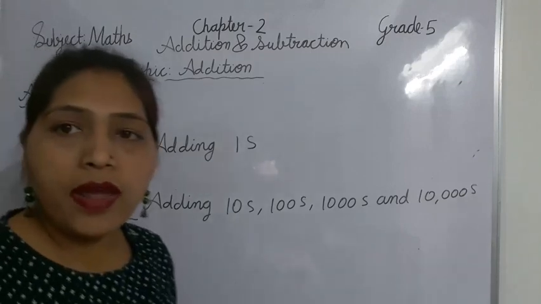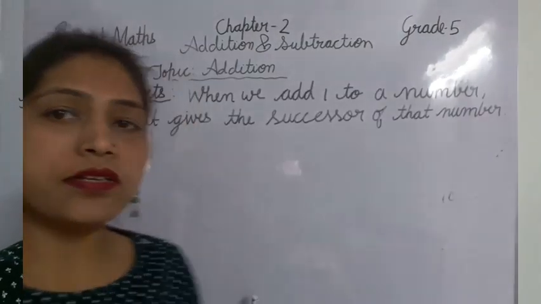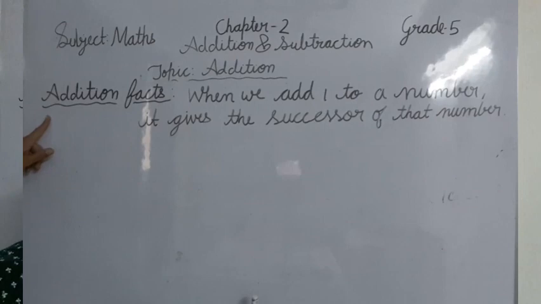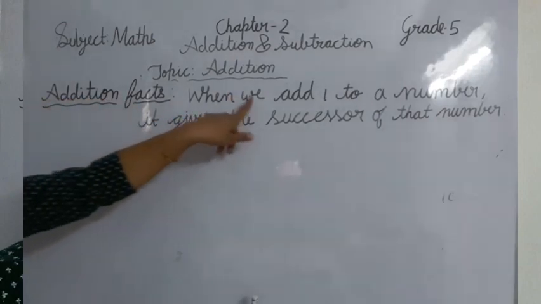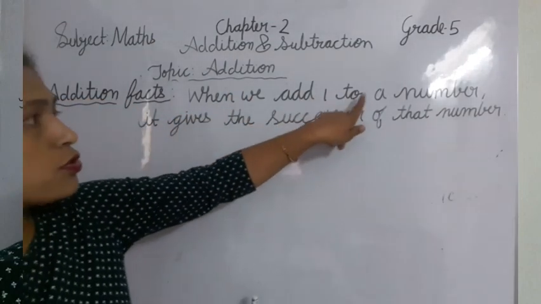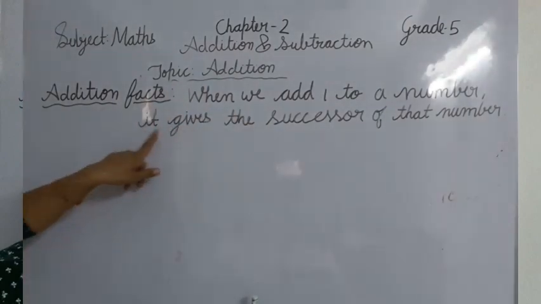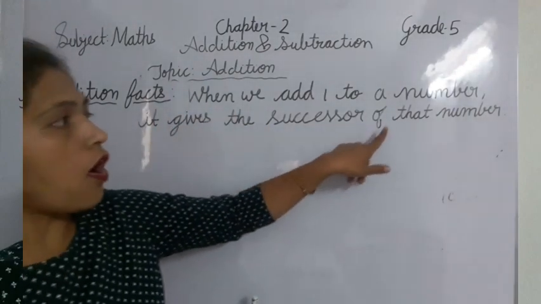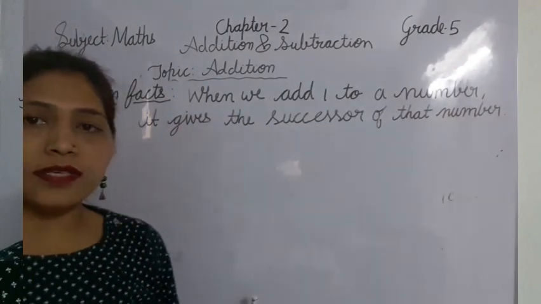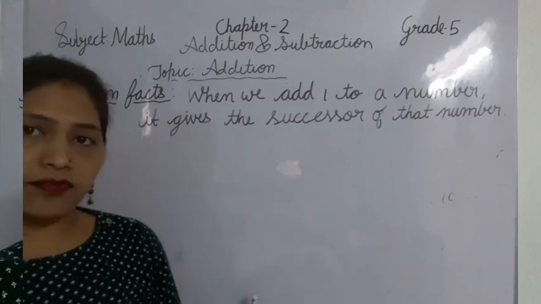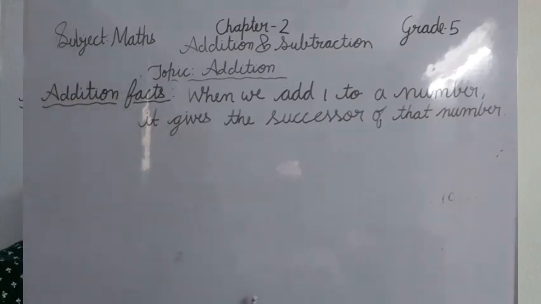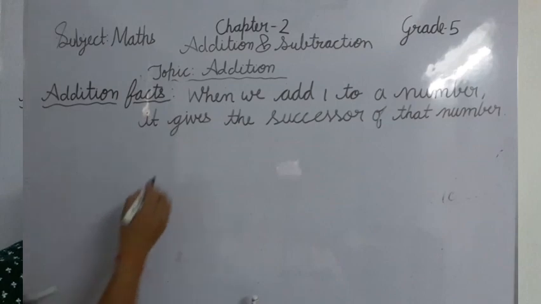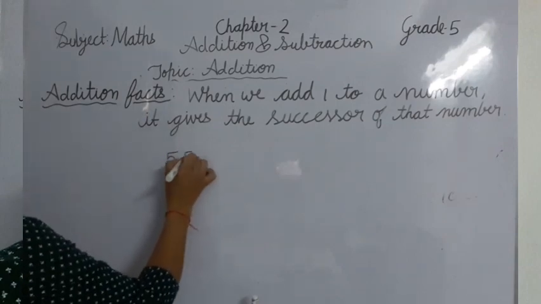So let's start with adding ones. What happened when we add ones to any number? Fact. So the first fact is when we add 1 to a number, it gives the successor of that number. Now you know the successor. Successor means the number just after. For example, one number is here, 555.